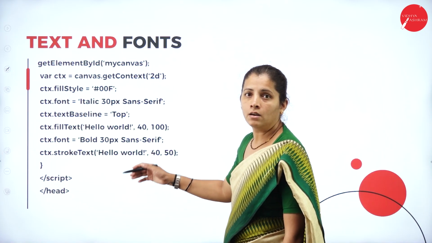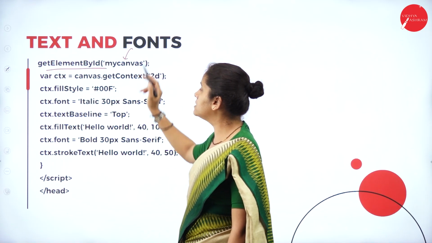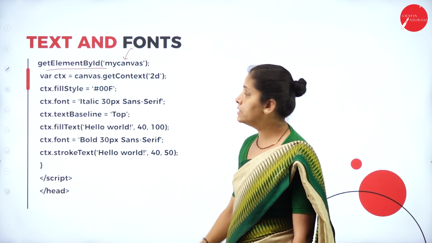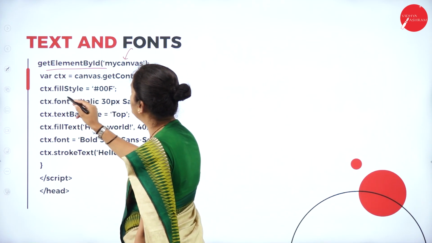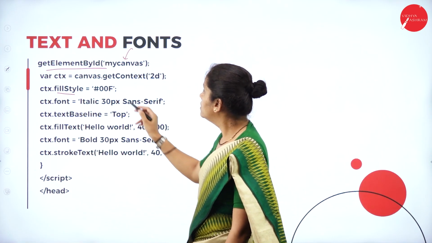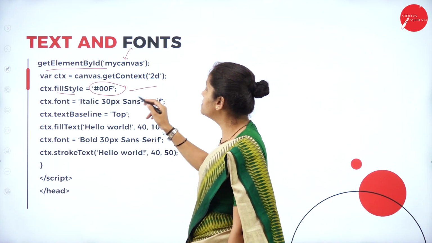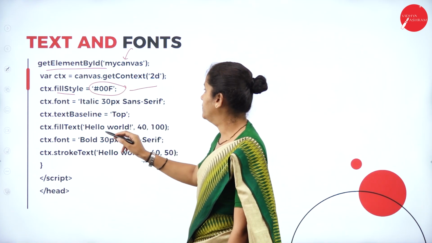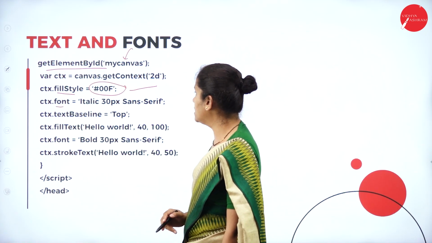If I consider the example, I have a method called drawShape, and I'm going to call the method getElementById, and I'm passing the canvas ID. Fine. I'm going to fill the text with a color, which is a hexadecimal color code. And what is my font style? It is italic.